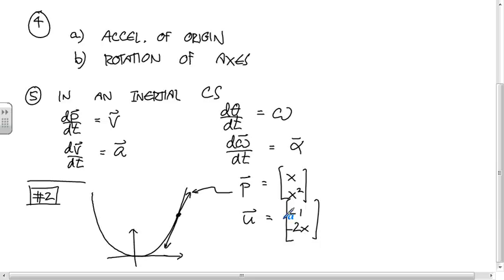Over here? Yeah, it's still the same. If you take the derivative, plug in the x value, it gives you the vector in this direction. So multiply that vector by -1 and you get this.